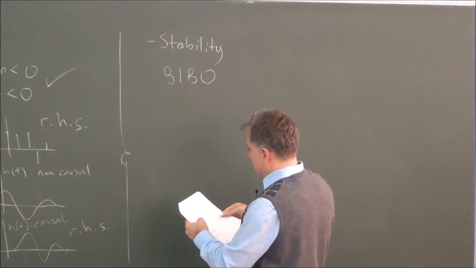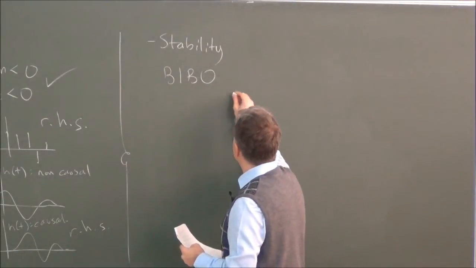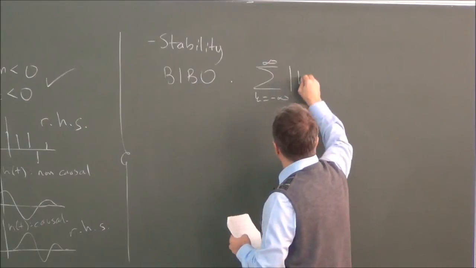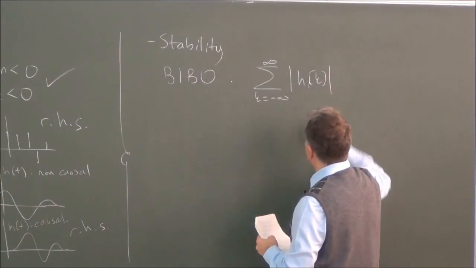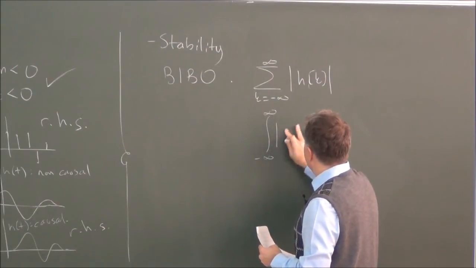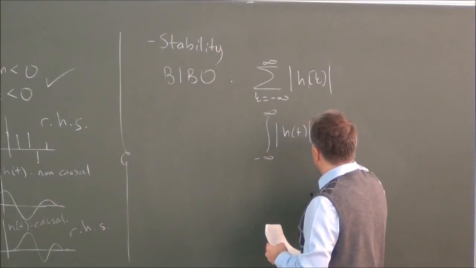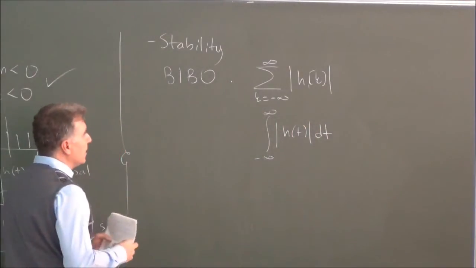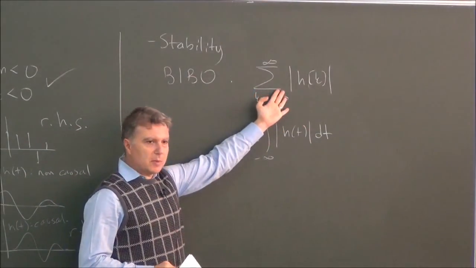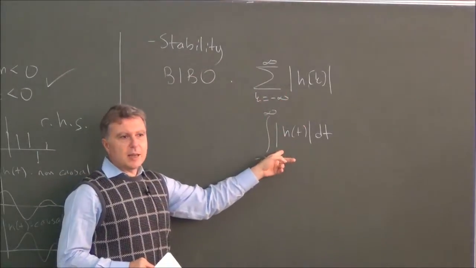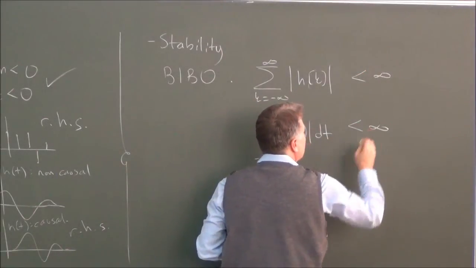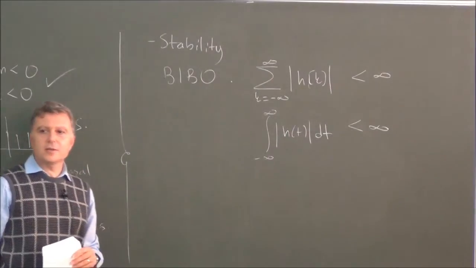All you have to do is take a look at this summation for discrete time systems, or this integration for continuous time systems. Is the impulse response in discrete time absolutely summable? Or if it is in continuous time, is it absolutely integrable? If these are finite, then you say that it is bounded input, bounded output stable.